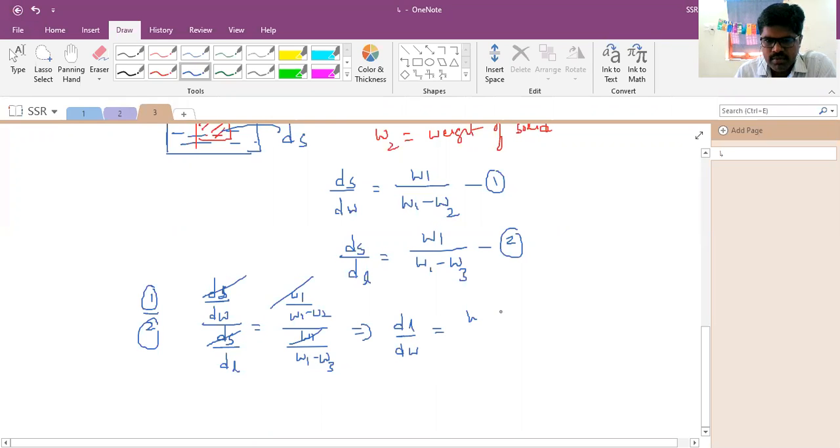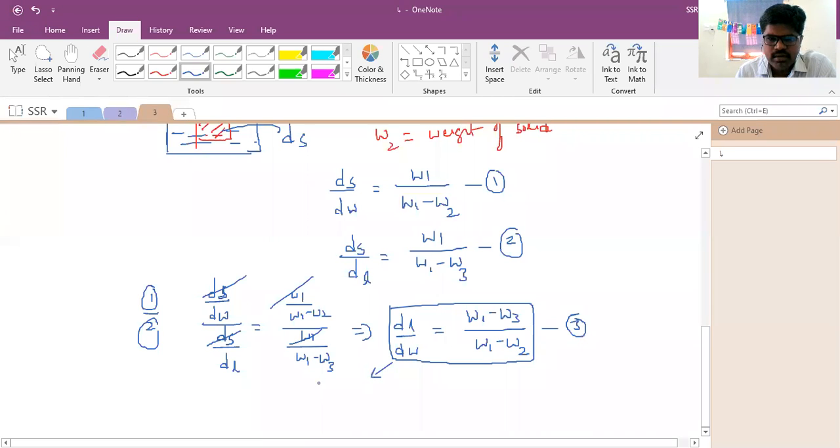That is W1 minus W3 divided by W1 minus W2. What is this dl by dw? It is the density of liquid by density of water, which is the relative density. This is equation number 3, which gives the relative density of liquid.